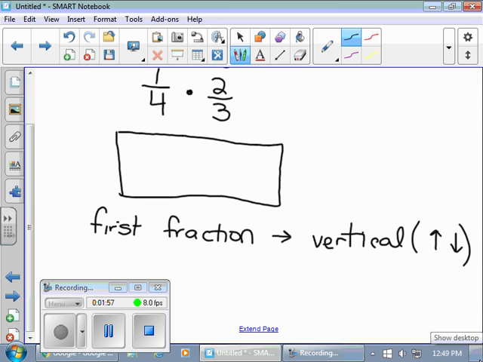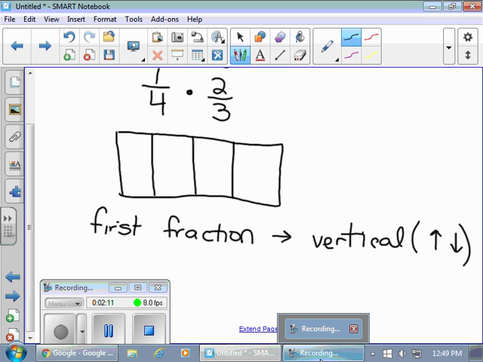Vertical is going up and down. Okay? So I need 4 equal sections. So I'm going to cut this off. Now I have that rectangle in 4 sections, correct?